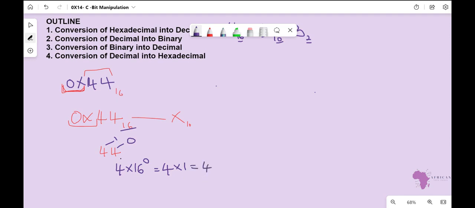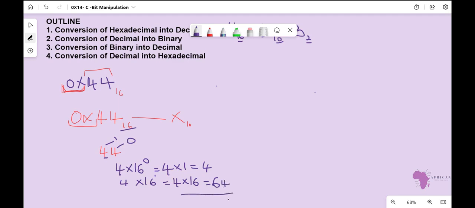Let's come to the second one, that is the second 4: 4 multiplied by 16 raised to 1, which is equal to 4 multiplied by 16, which is equivalent to 64.